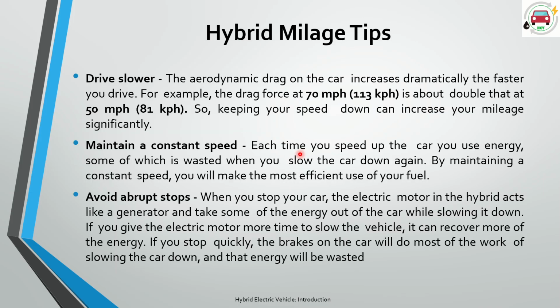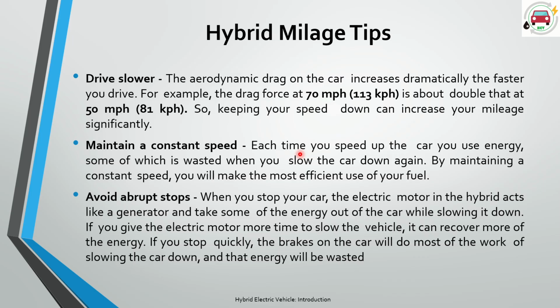So there are some tips we need to keep in mind. If we use a slower speed for driving, it will give good mileage. And these are just tips: we will get greater efficiency by maintaining a constant speed and avoiding abrupt stops.